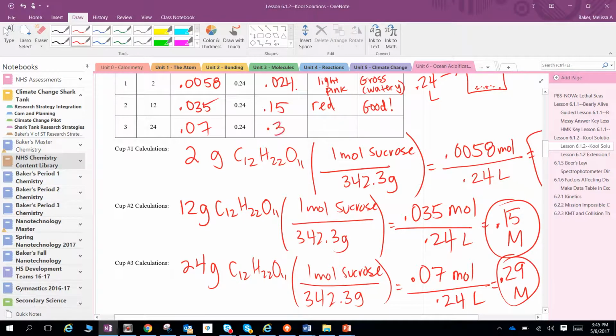So I'm going to round mine up to 0.3. It was a little bit of a darker red here, and it tasted very sugary. Some people liked it a little bit better, but most people, it was a little too much sugar for them.